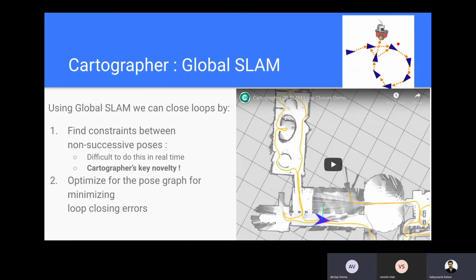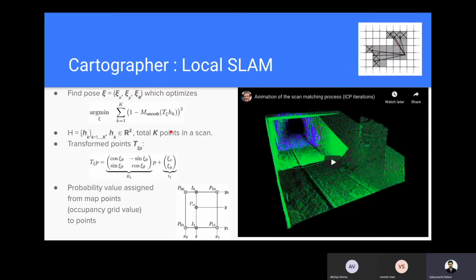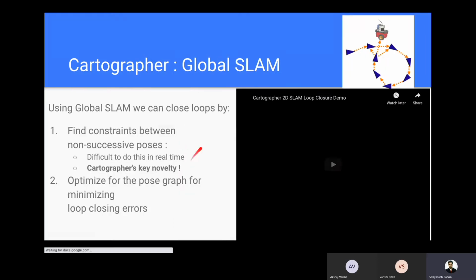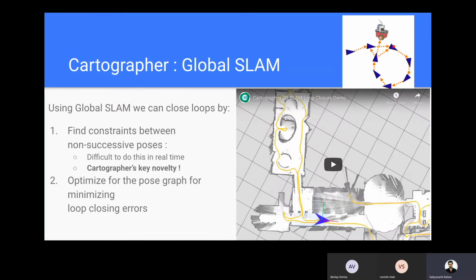The issue is that this can give you local optima, or may not give you the best solution. Maybe these two poses are offset by, let's say, 2,3. If this is at 0,0 and the ground truth is 2,3, but when you apply a Hector SLAM like formulation, you get something like 2.5, 2.5. So there's error in the estimate of this pose with respect to this pose.